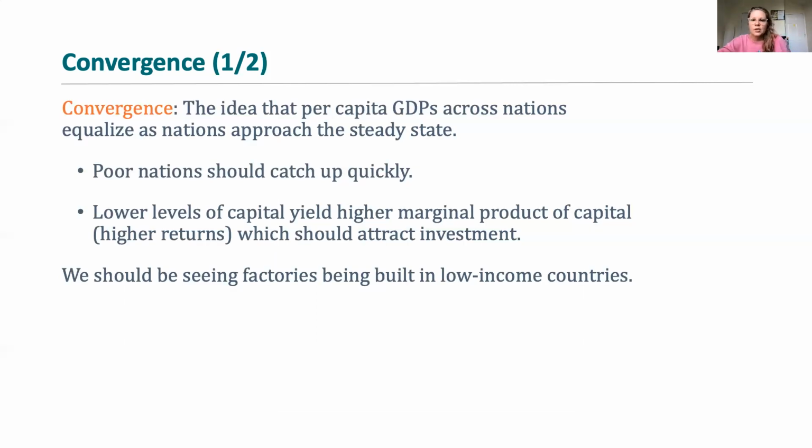But this is theoretical, because theoretically, GDP per capita in these developing poor nations should grow at a faster rate than the developed nations. And if one nation reaches a steady state, other nations eventually catch up, right? In other words, countries with lower levels of GDP per capita should have higher growth rates.